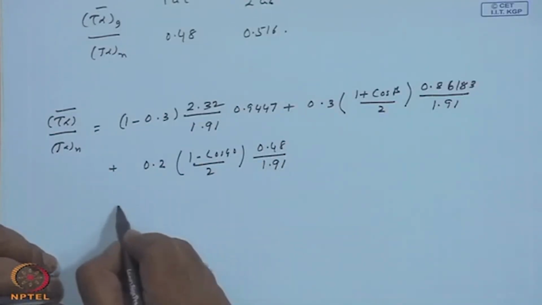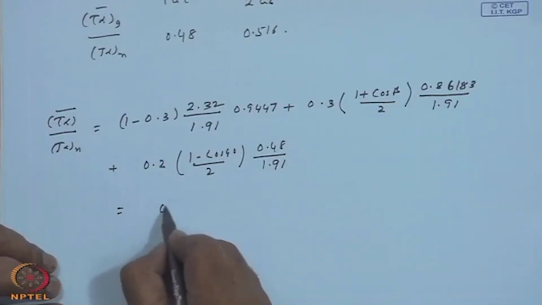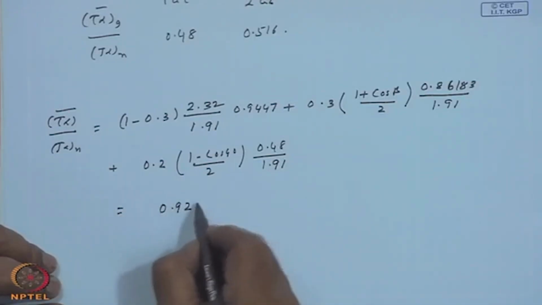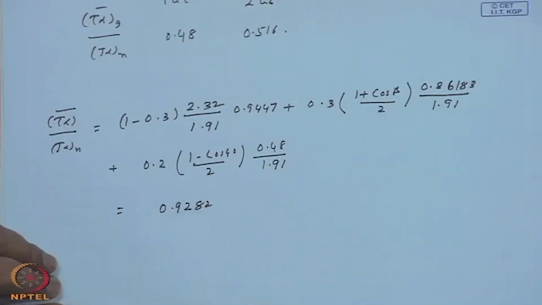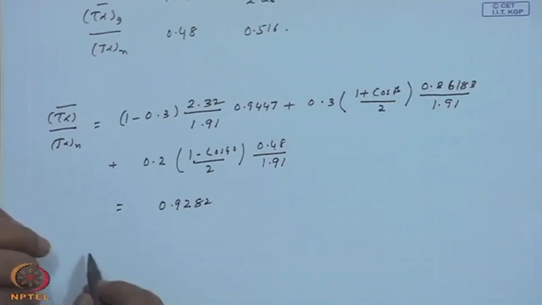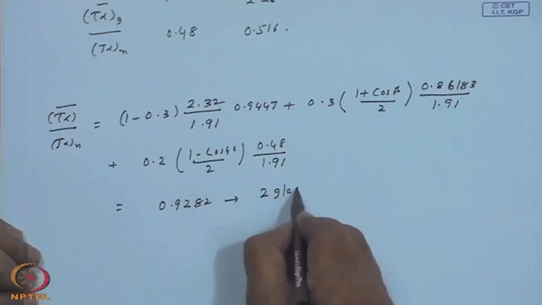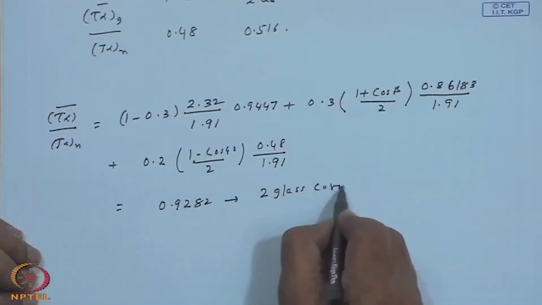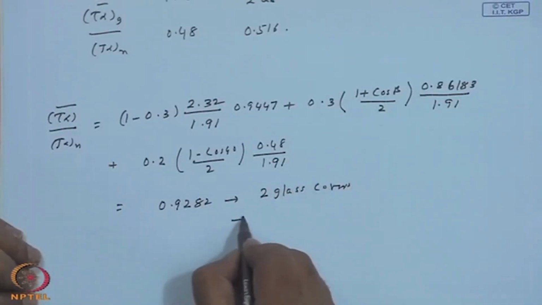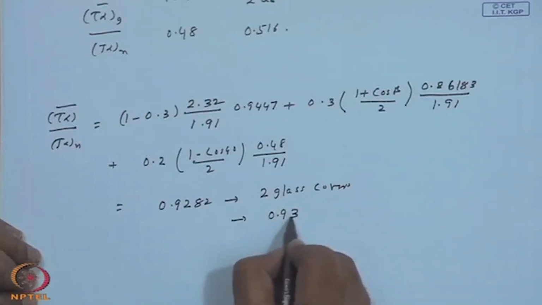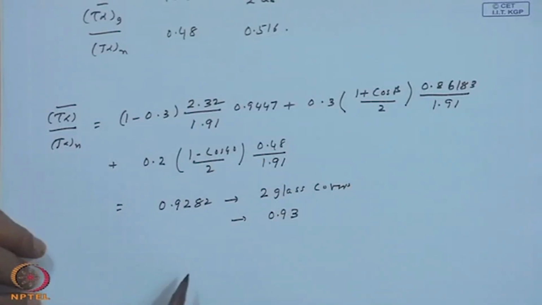If you do this, you will get 0.9282, and if you replace all these numbers, this is for two glass covers. So, this is about 0.93, which is given as 0.94.